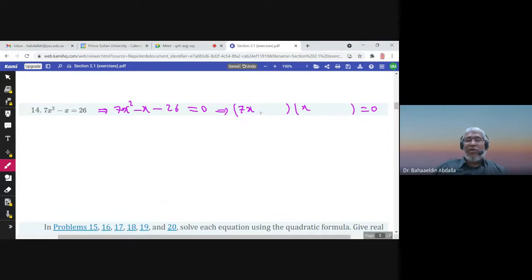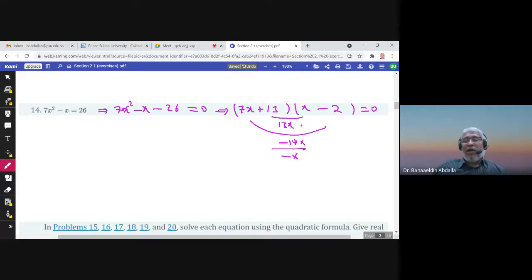Why? Because if I put 13 here and 2 here, their product should be negative 26. So I will make this negative, because the outer would be negative 14 and the inner would be plus 13. So the inner would be plus 13 and the outer is negative 14 and the sum is negative x.